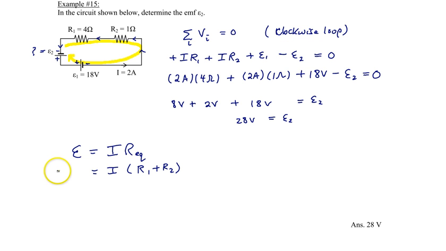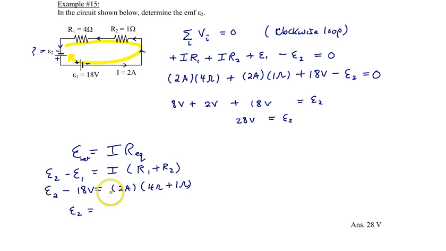So let's assume that EMF 2 is larger because we've assumed the current is going counterclockwise, so we'll have EMF 2 minus EMF 1. So this is like a net EMF. And then if you substitute your numbers in here, EMF 2 minus 18 volts equals the current of 2 amps times the resistance, which is 4 ohms plus 1 ohm, and you will get the same answer. EMF 2 will be 28 volts.